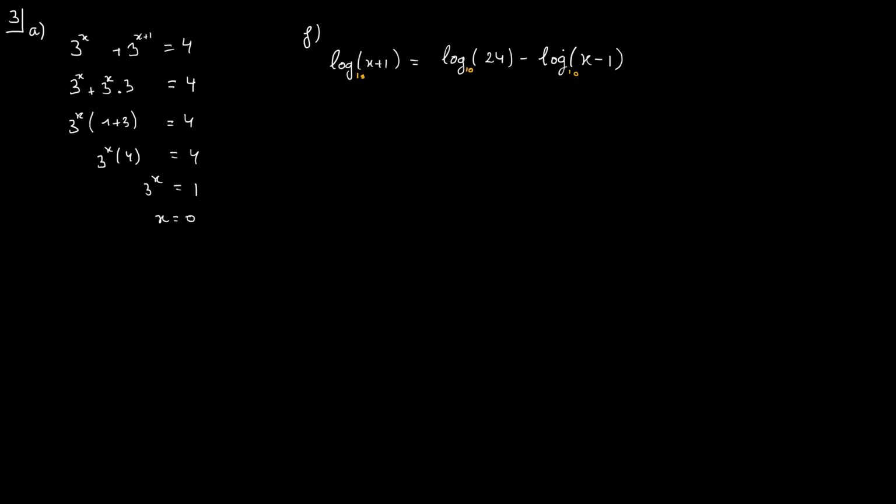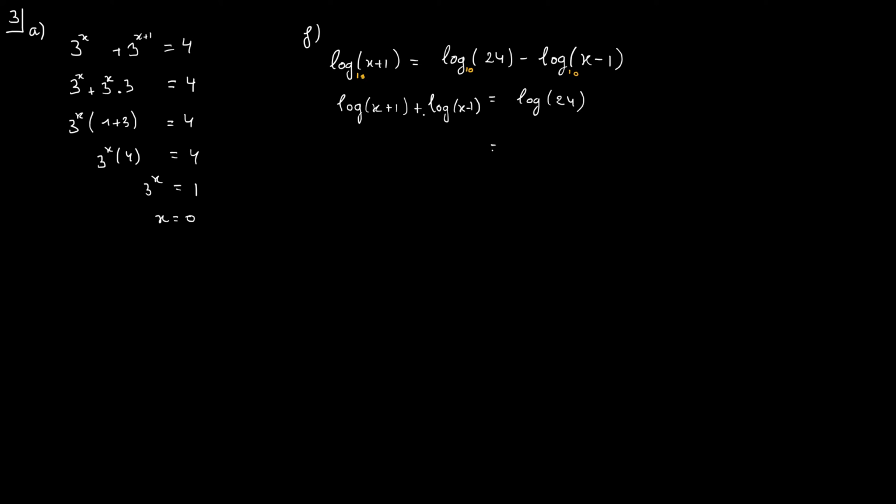Okay, so first thing we can do is leave this logarithm of 24, which is just going to be a number, on one side, and let's move the x terms to the other side as we're used to. So we can say log 24 is equal to log(x + 1) plus log(x - 1). You can then use that, because these are on the same base, there's actually a way to contract them.